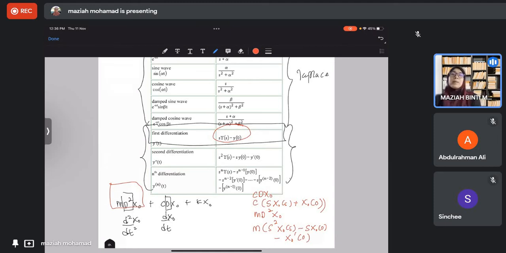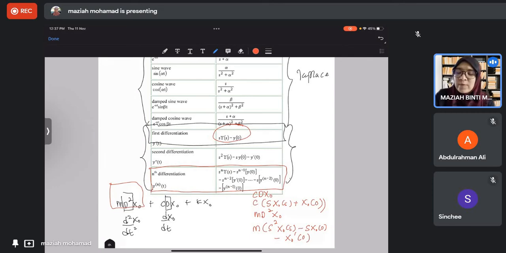But if you're going to use it in a real application, later on when you do PSM or PhD or master, and your system is higher order, higher than 2, you can use this general ODE differentiation to the Laplace form.